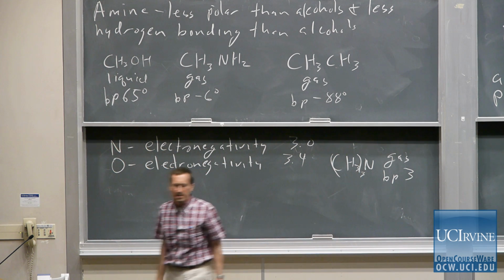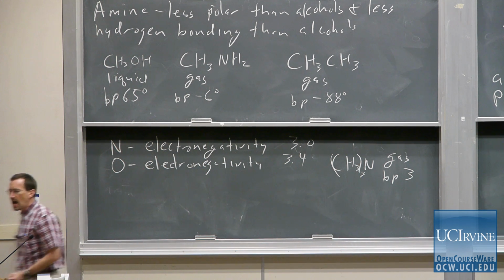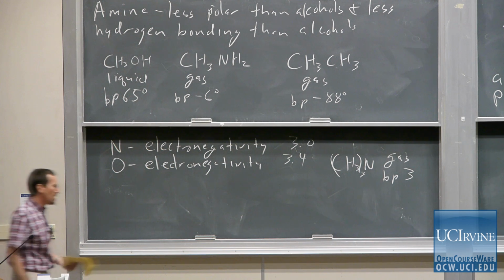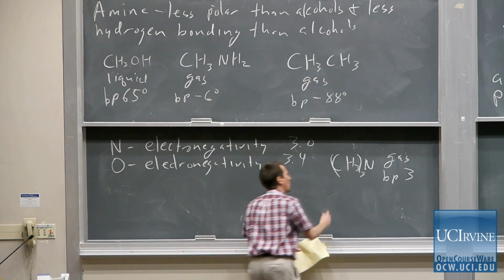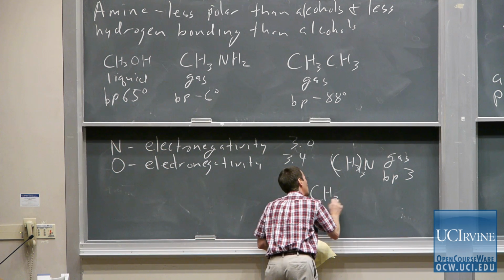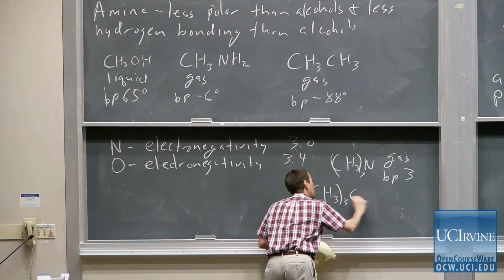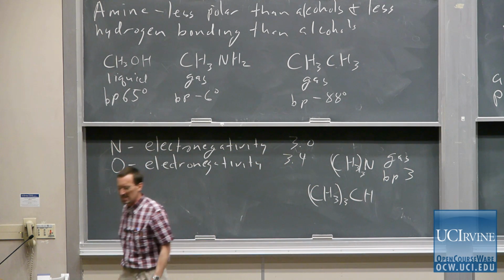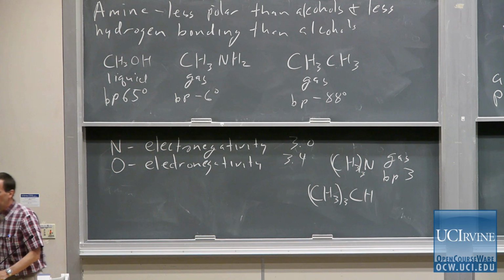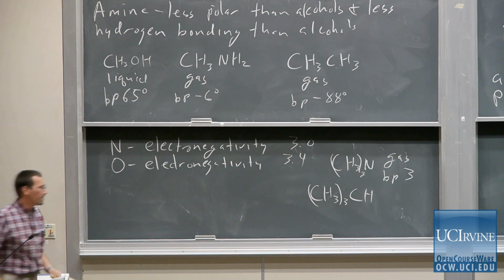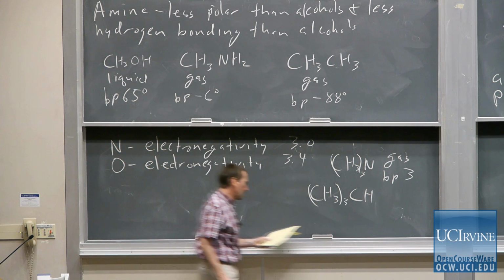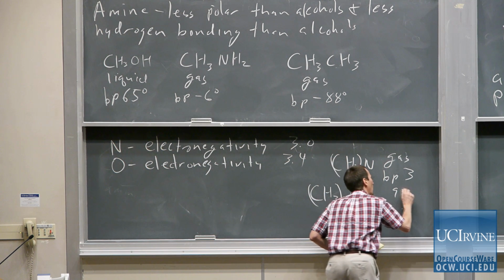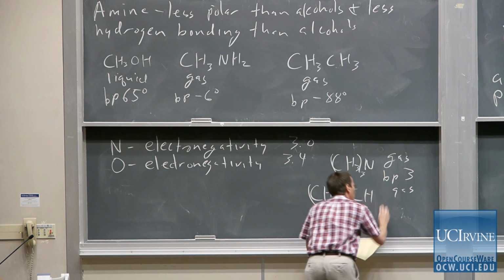And if we compare it to something comparable in size, isobutane, now we have a lower boiling point, although not that much lower. Isobutane, (CH3)3CH, is virtually the same size and shape as trimethylamine. It's also a gas. The boiling point is negative 12 degrees.